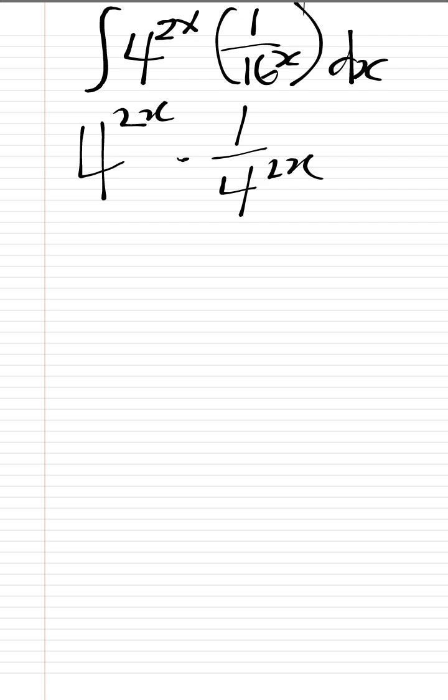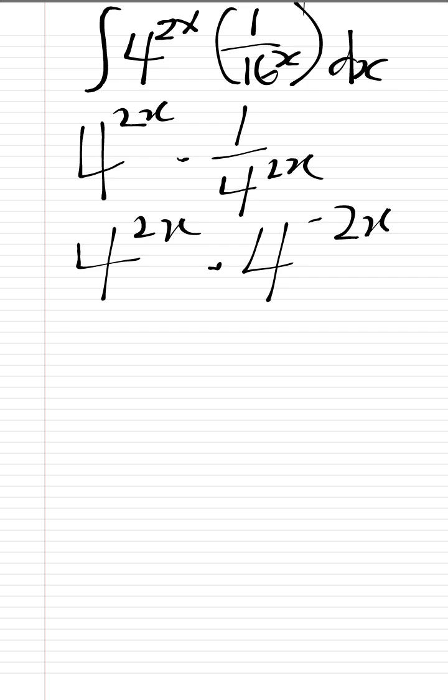So we can rewrite this as 4 exponent 2x dot 4 exponent negative 2x. So the inverse of 1 on 4 exponent 2x will give us what? 4 exponent negative 2x. Now looking at this, you see that we have the base as 4 and we also have the base as 4 here.